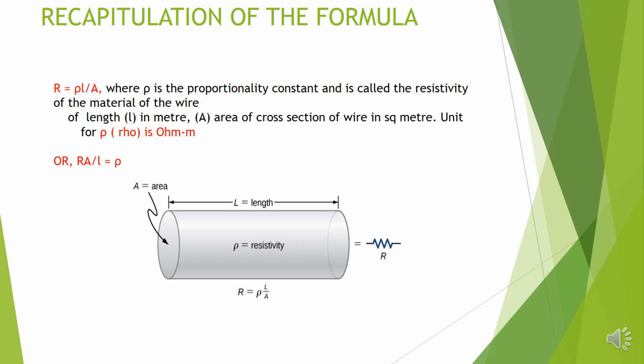I have shown you a figure where length is L, area of cross section A, and rho is the resistivity. Everything is depicted in the figure.